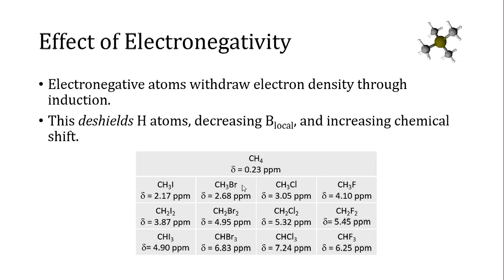It would be relatively unhelpful if we couldn't tell the difference in chemical shift change from having 1 chlorine atom or having 3 chlorine atoms attached to the same carbon atom. And you can see that the increases in chemical shift as you add halogen atoms also get bigger, depending on whether you have chlorines, bromines, fluorines, with fluorine being the most electronegative.